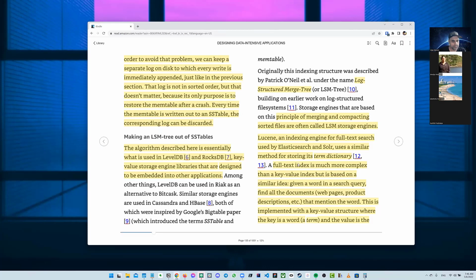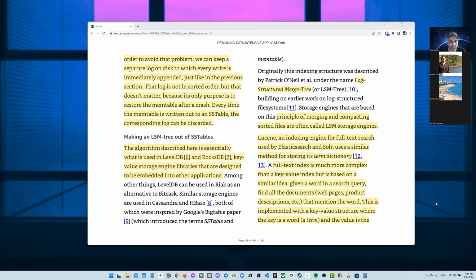The Elasticsearch search engine is also based on this log-structured merge tree algorithm.